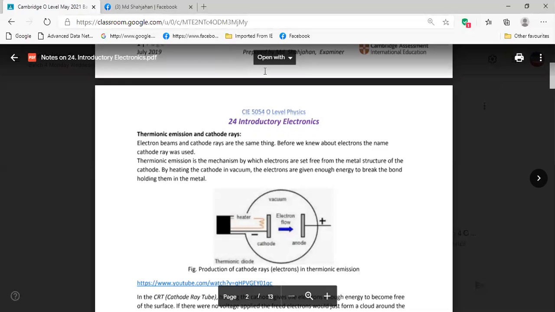Cathode ray means flow of electrons, right? Altogether, many electrons flow together. That is called cathode ray. So from here, you write this part.